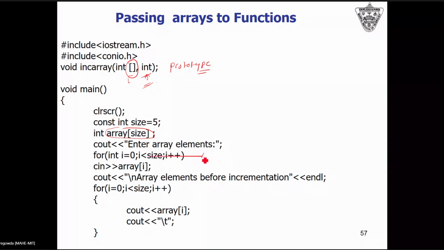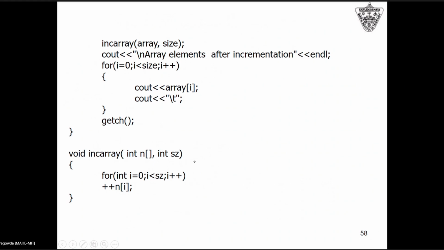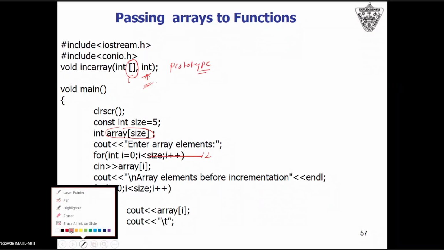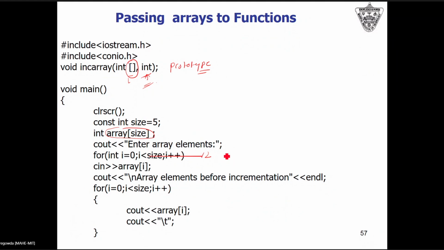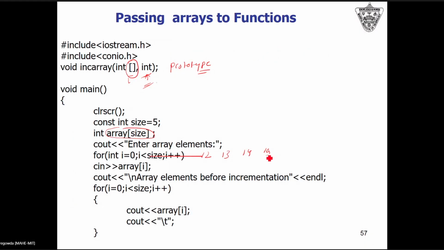Say for example, if you enter the values 12, 13, 14, 15, and 16, these values are stored in the array as array of 0, 1, 2, 3, 4, and so on.